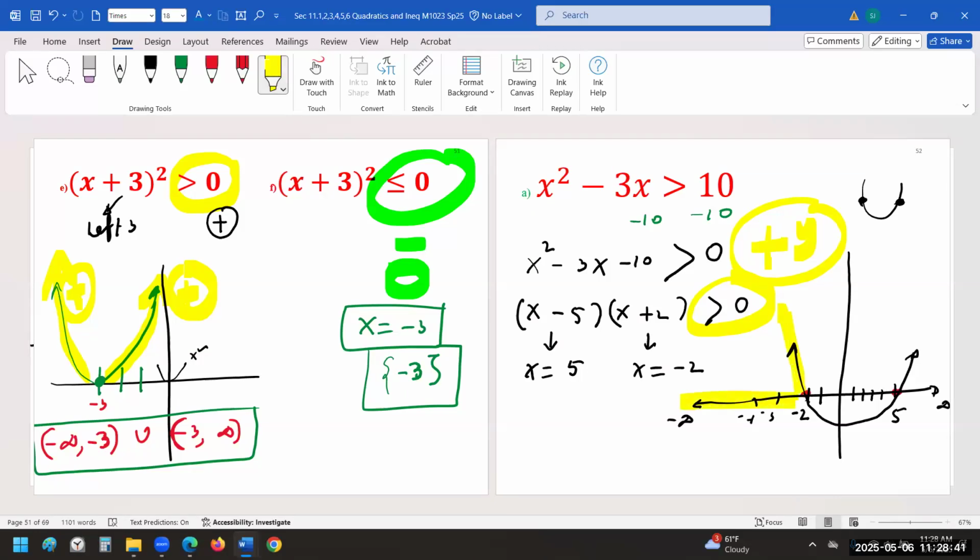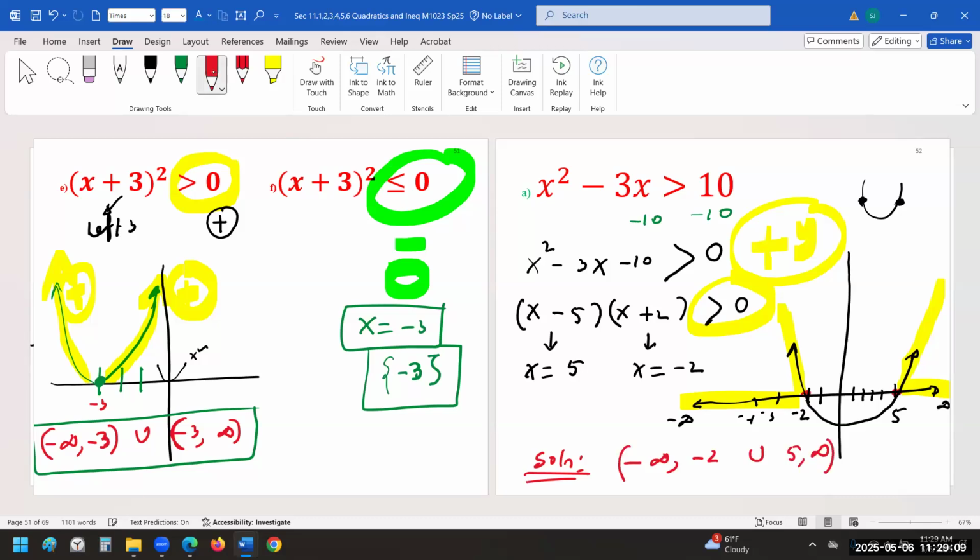So the solution set gives us x on the left. And then we have another positive y here, right? So the solution set for x is negative infinity to negative 2, union 5 to infinity.